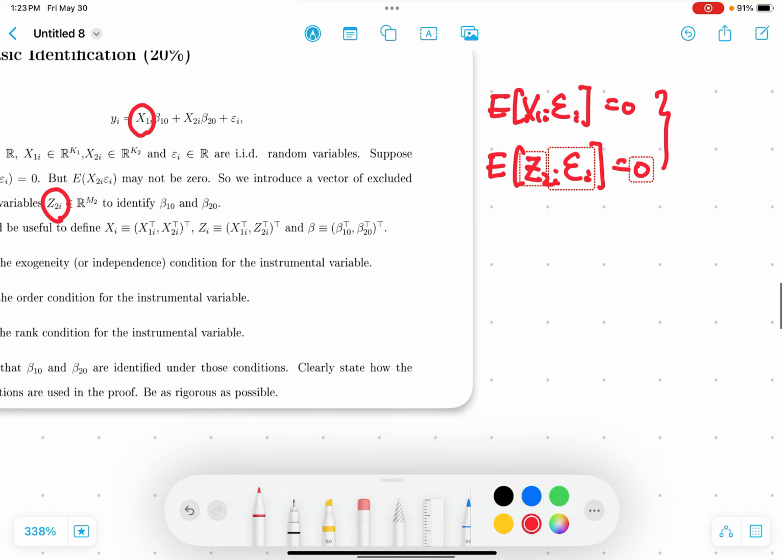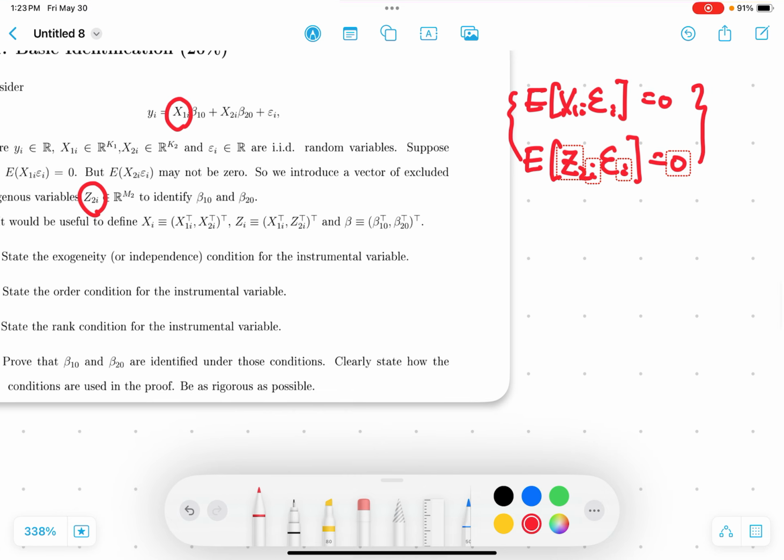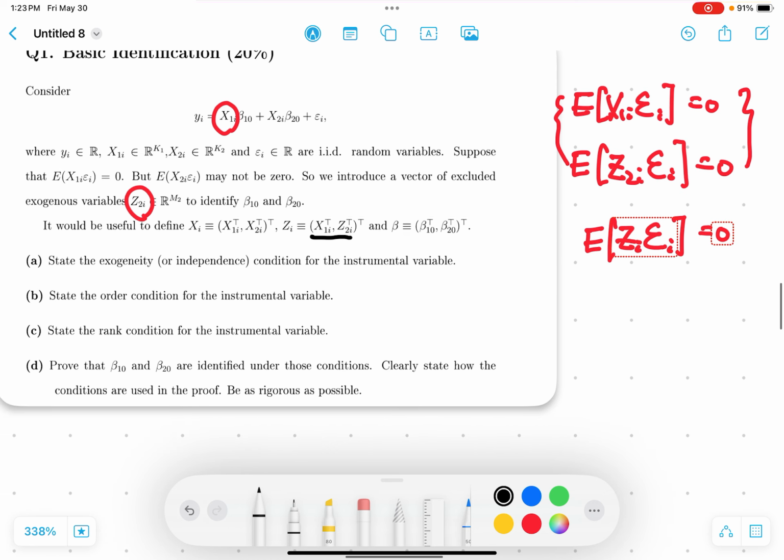So you have to write both of them. They are together the exogeneity condition. Or equivalently, you may write the expectation of zi epsilon i equals 0, because it combines both. So that is what you should have written.